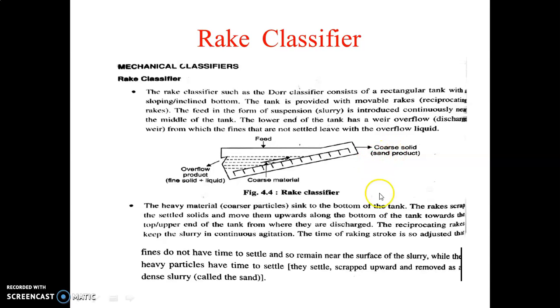The fine material, the very small material which does not settle, remains near the surface of the slurry while the heavy particles are settled. In this way we can separate the heavy, coarse material by using the rake classifier.